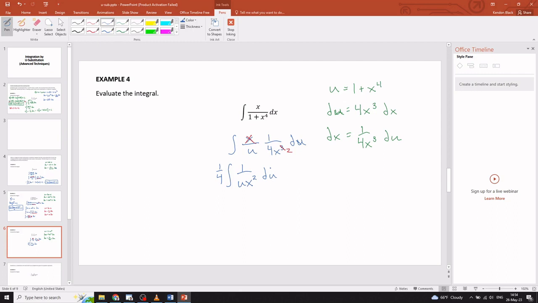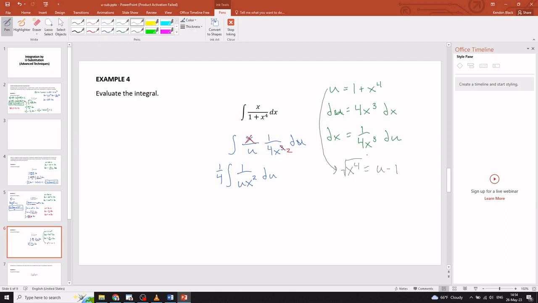Can we use our u equation to solve for x squared and get this into something that we can actually integrate? Let's see. I'm going to take this equation and come down here. Let's start by subtracting 1. So x to the 4th equals u minus 1.